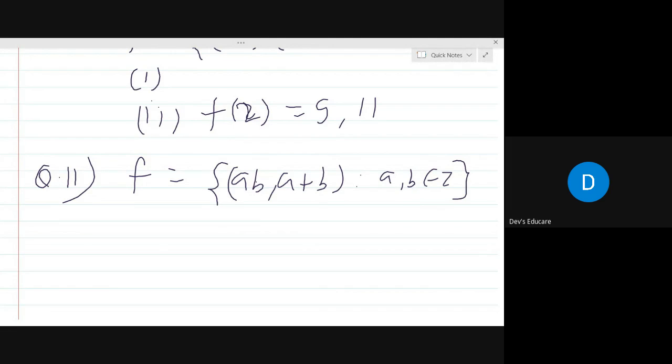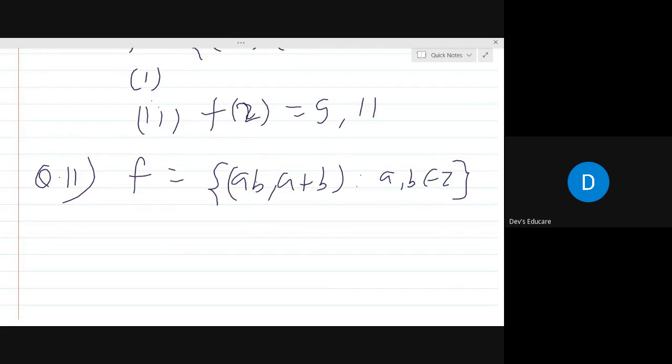Justify your answer. So we know that for being a function, we must have a unique image. Is it, Muskan? So can you suggest some example of a, b, some value of a, b, so that it cannot be a function?